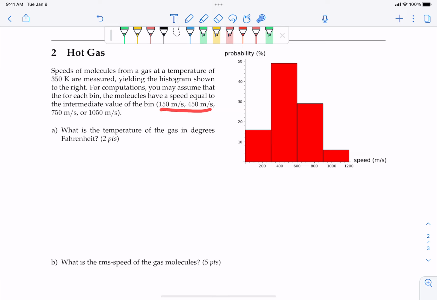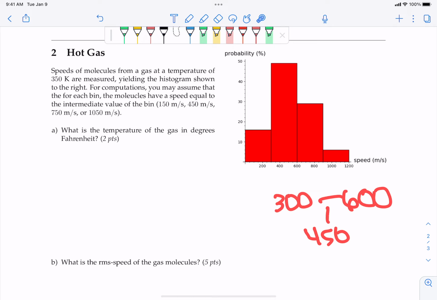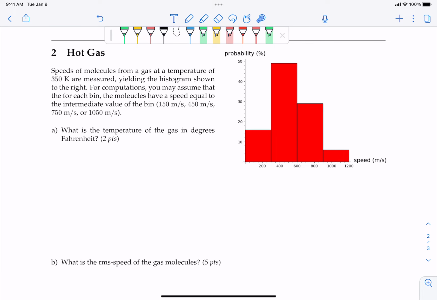So if they don't give you these values, just look for the middle value in between the ranges. Does that make sense? That would be the one to use for your data values if you're using a histogram.